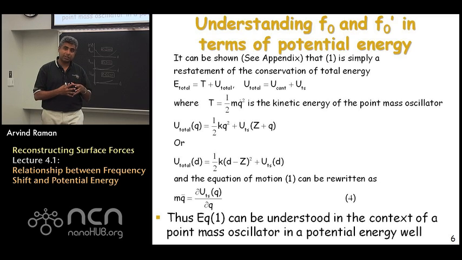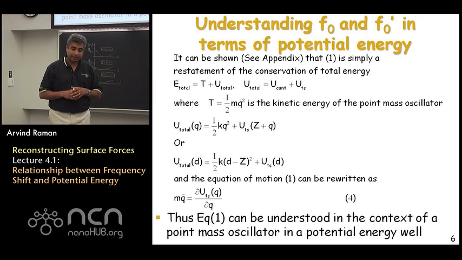The total potential energy is going to be U sub total, and that can be written as a combination of these two potential energies. It can be written in terms of q, which is the tip displacement from its mean position, or it can be written in terms of d, which is the absolute gap between the tip and the sample.